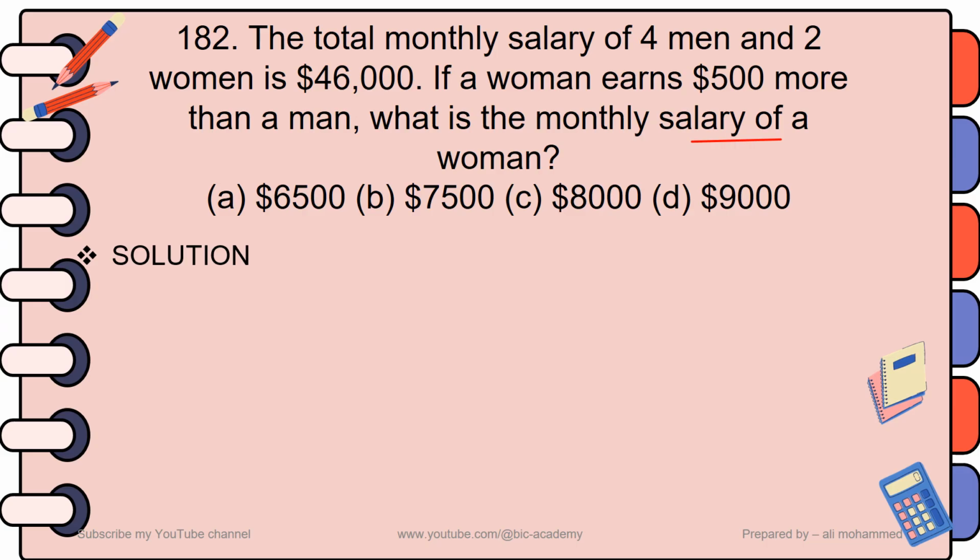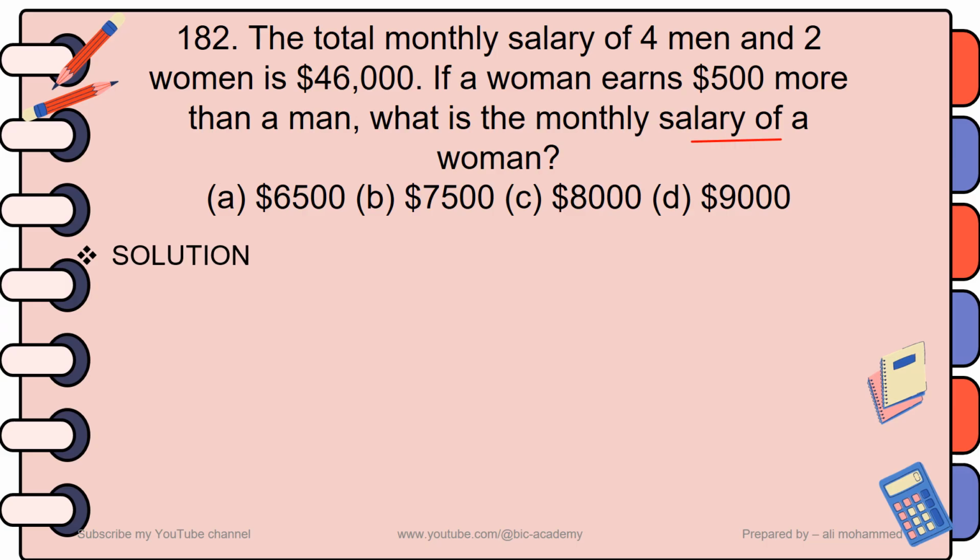First, there are 4 men and 2 women, and the total income of 4 men and 2 women is $46,000. Let's represent the salary of a man by M and the salary of a woman by W. So 4M + 2W = $46,000.